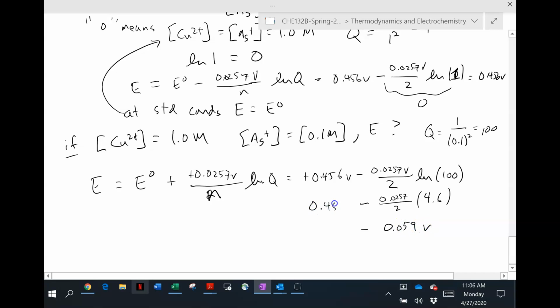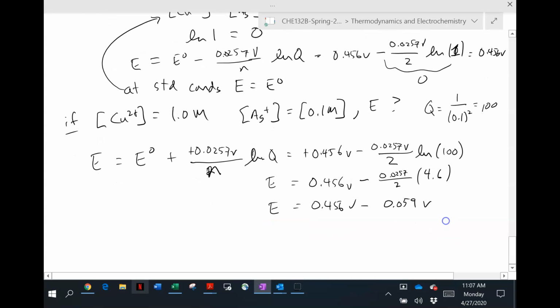The E naught here is still the same thing. So our potential is going to go down by 0.059 volts, which means that the potential is down to 0.397 volts at those conditions.